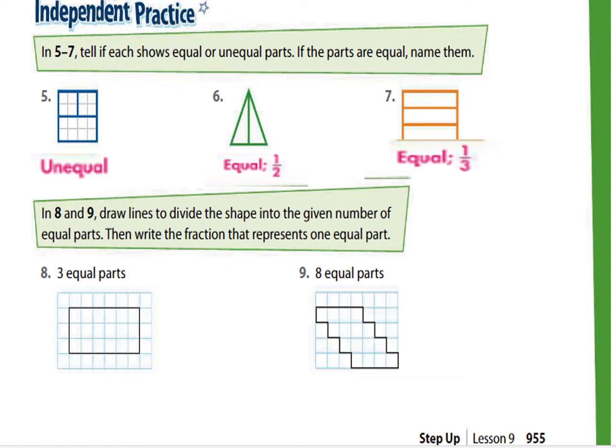Now divide it with any way you want. After dividing, write the unit fraction. Now the fraction will be... amazing, 1 over 3 because we have 3 parts in all.